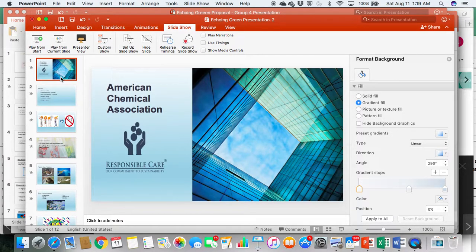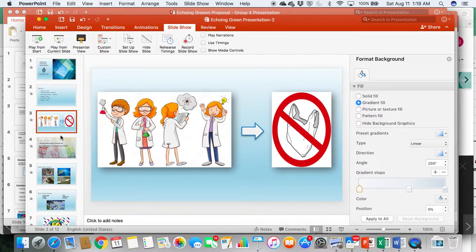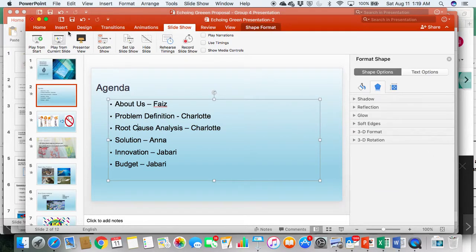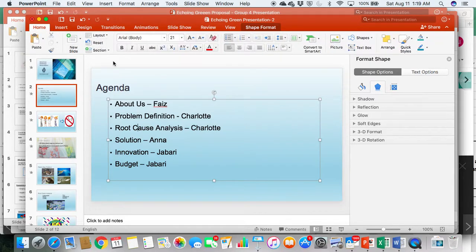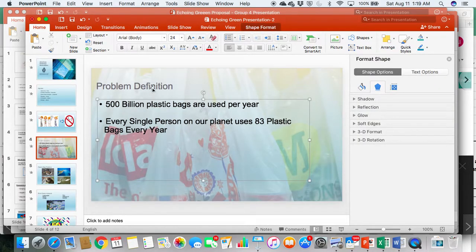Okay, so on this one, there was also the issue of the consistency with the size of the font. This is Arial 21. This here is Arial 24.